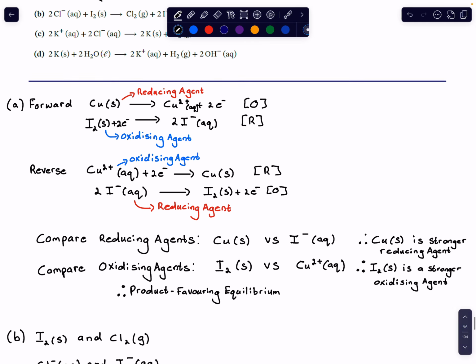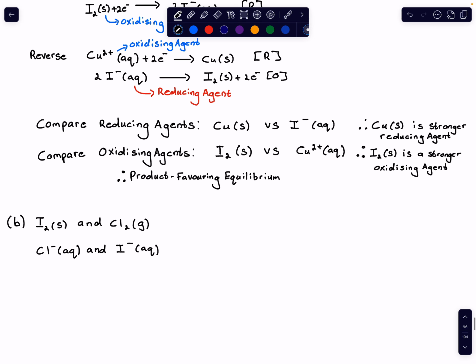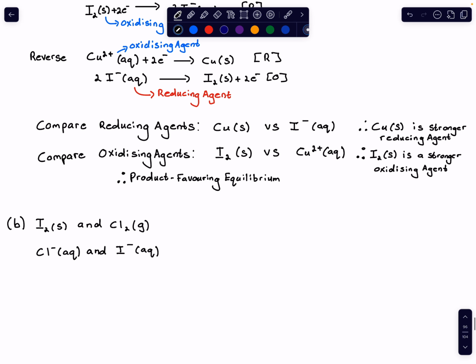So iodine undergoing reduction and chlorine gas, these are going to be our oxidizing agents that we compare, and Cl minus and I minus are our reducing agents that we need to compare.